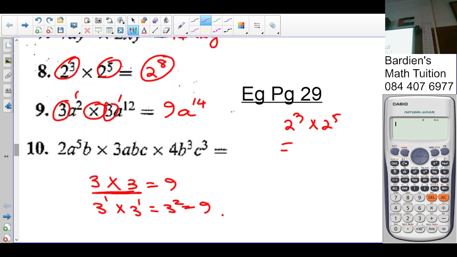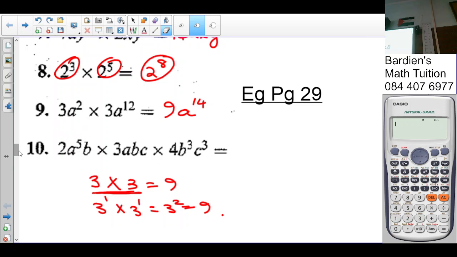So it's going to be 3a squared multiplied by 3a to the 12. 3 times 3 is 9. A squared times a to the 12 is a to the power of 14. So 9a to the 14 is absolutely good. Confusing? Yes, sir. Okay, it's fine. You'll get many more of these, don't worry.